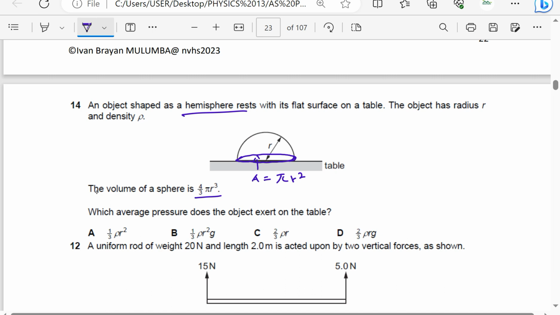So if I want to find pressure, pressure should be equal to the force over area, which is the weight, mg, over area, where mass is density times volume. So this will be density times volume times g over the area.